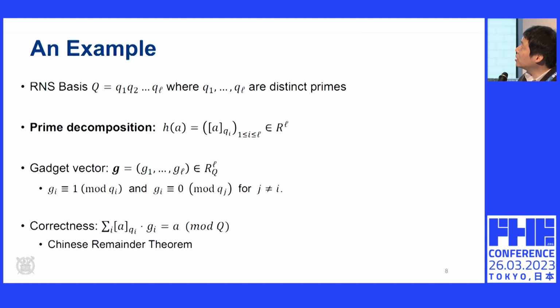But these elements that I have written as A mod Q_i are elements of R with some size. So algorithmically, they are just different. This decomposition is actually a valid Gaussian decomposition corresponding to a Gaussian vector. This Gaussian vector is just a CRT constant, and you can check this correctness.